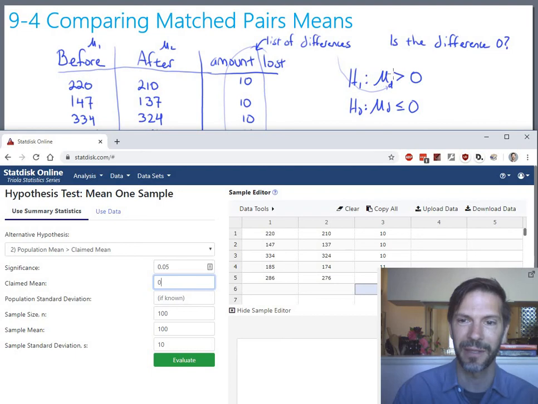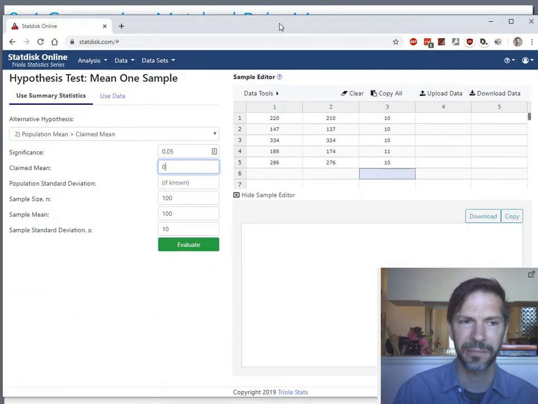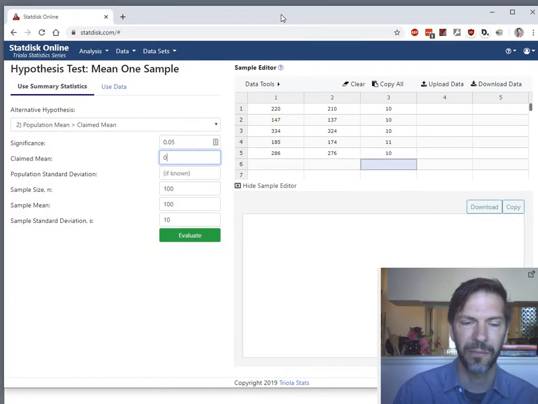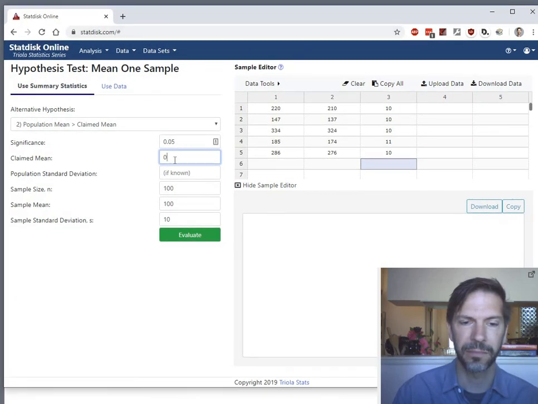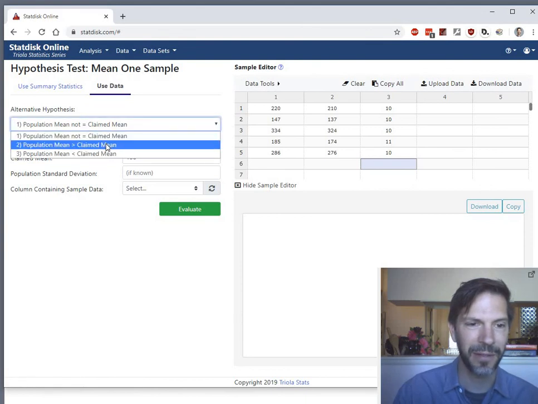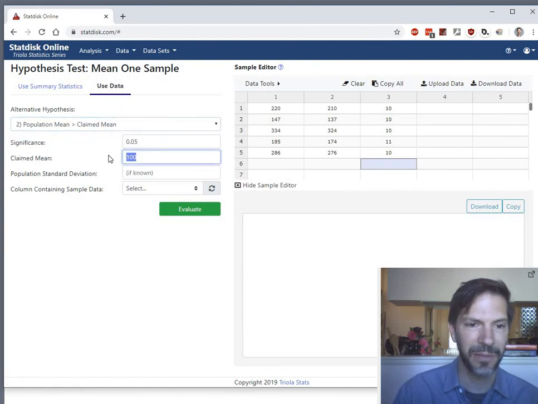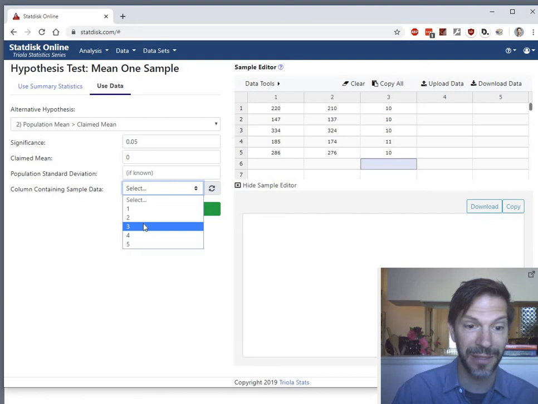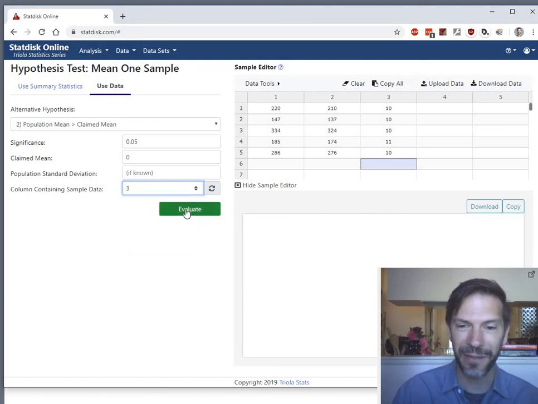The mean greater than 0 is what we're looking at. And let's see. We're actually, sorry, I should have clicked use data first. We're using data. So the population mean is greater than the claimed mean of 0. The column containing the sample data is column 3. And let's evaluate.